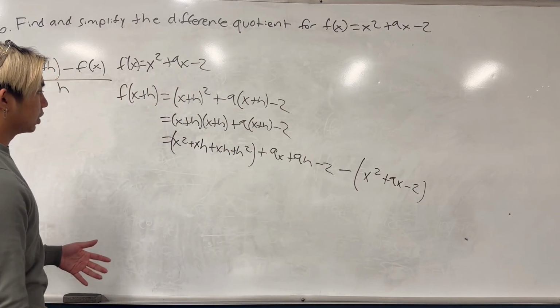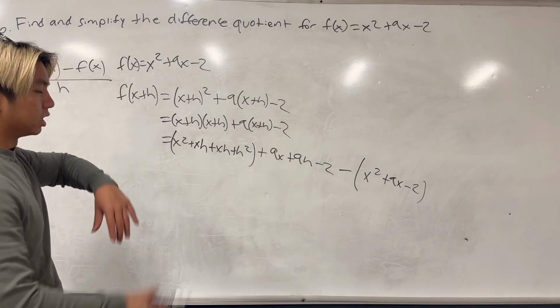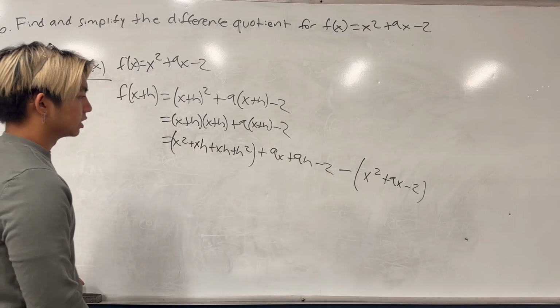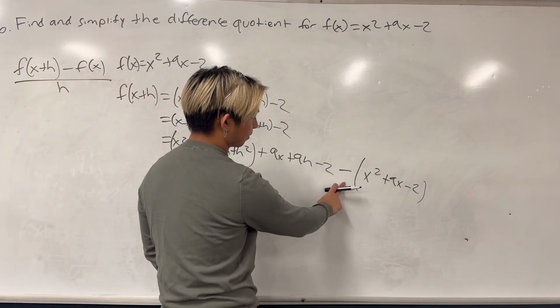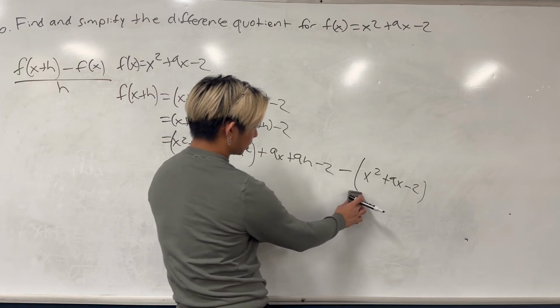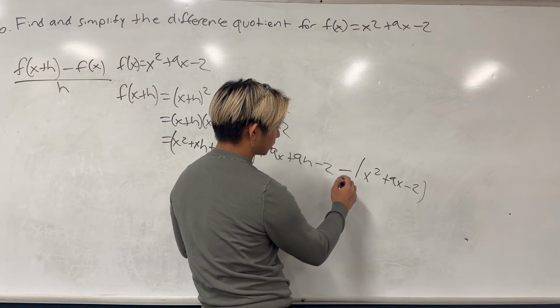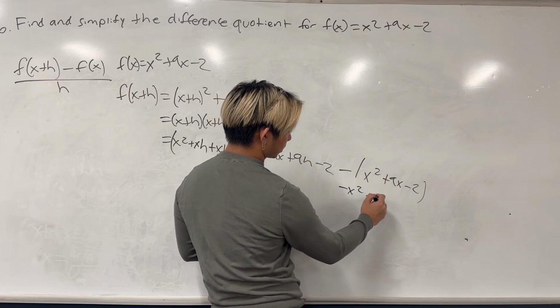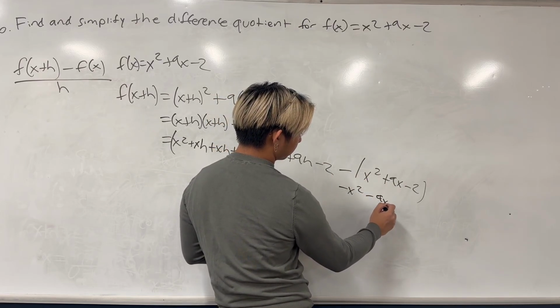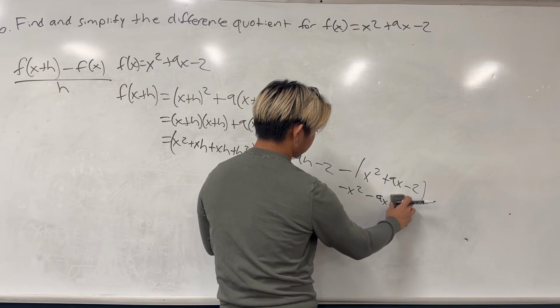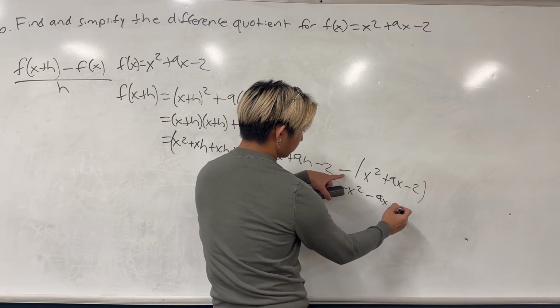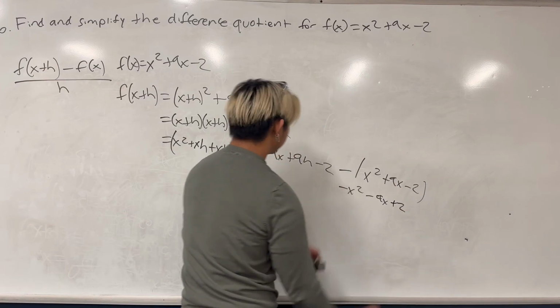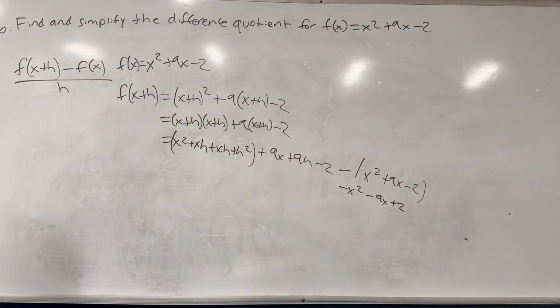All right, cool. Let's distribute this negative first. This gives us a negative x squared, a negative 9x, and then negative and negative gives us a plus 2. Let's combine all of our like terms.